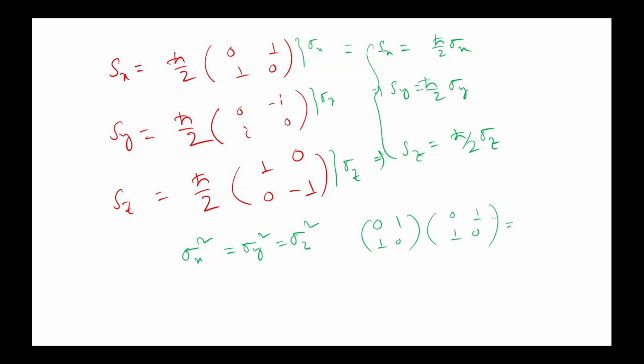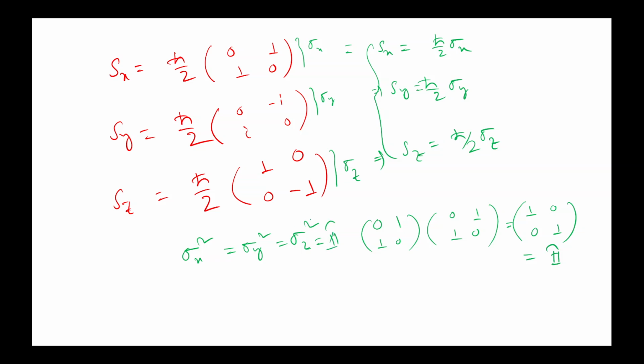So if you see, this is 0 times 0 plus 1 times 1, so it is 1, then you have 0 times 1 plus 1 times 0, which is 0, and here you have 1 times 0 plus 0 times 1, which is 0, and that is 1, which is an identity matrix. So sigma x squared, sigma y squared, and sigma z squared are each the identity.